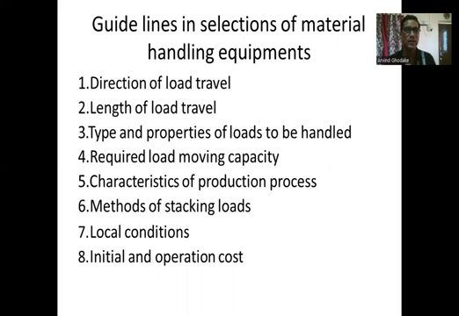Next are the guidelines in the selection of material handling equipments. If you want to select the material handling equipment for transporting, picking up, or setting down the load, then these are the guidelines.